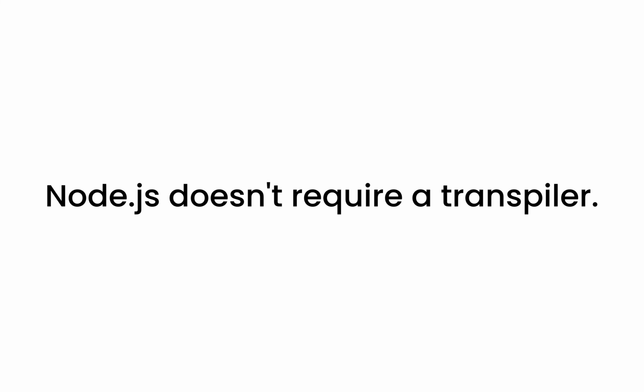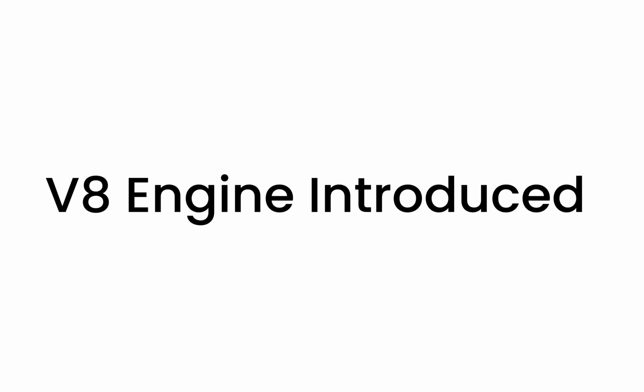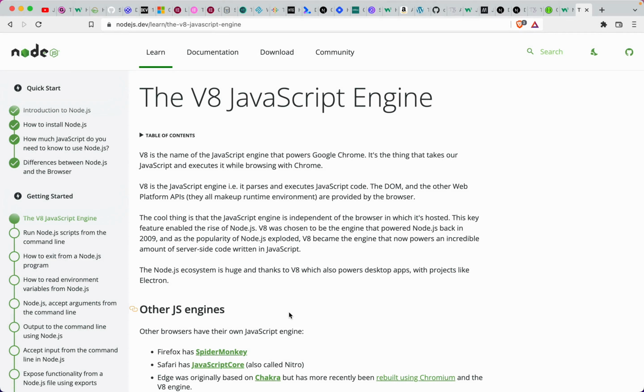Something that you need to learn about if you are going to learn about Node is the V8 JavaScript engine. V8 is the name of JavaScript engine that powers Google Chrome. It's the thing that takes our JavaScript and executes it while browsing with Chrome. The V8 engine is independent of the browser. We can have the engine anywhere we want and use it so that we can pass JavaScript.